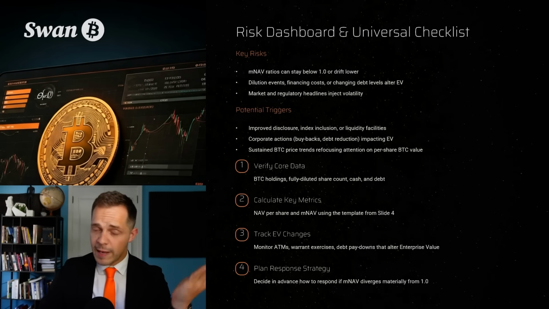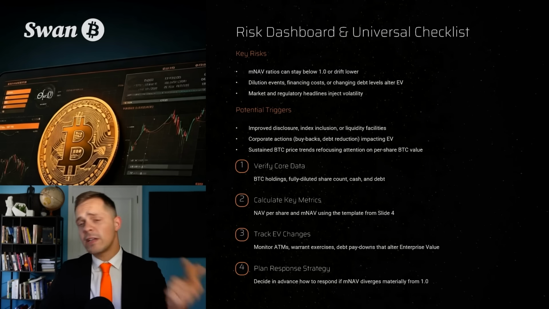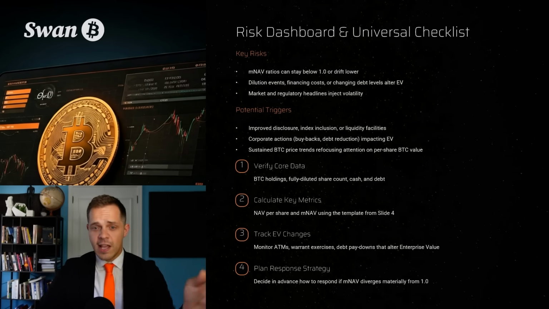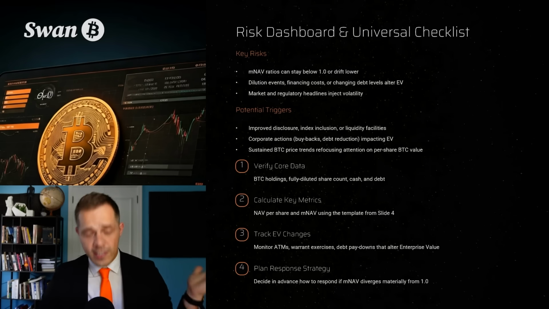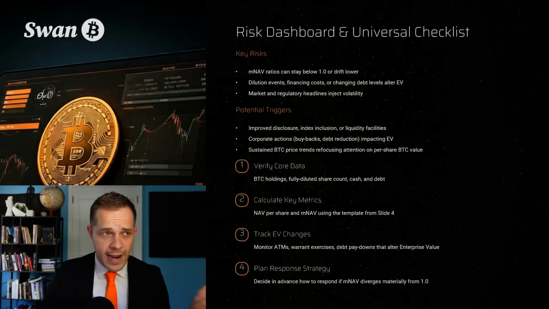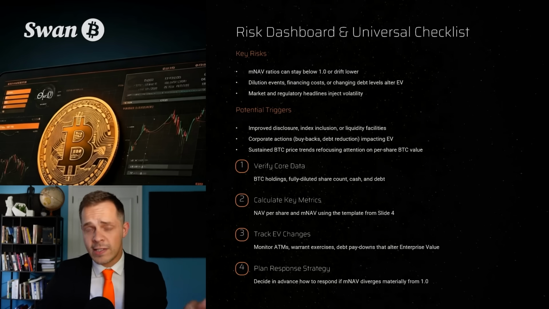So let's wrap with a pragmatic look at risks, potential triggers, and a repeatable checklist that you can use on any Bitcoin Treasury equity. Number one, the key risks: persistent or widening M-NAV gaps. The ratio can hover below 1 or slip even further during supply overhangs, macro stress, or sentiment headwinds outweighing demand.